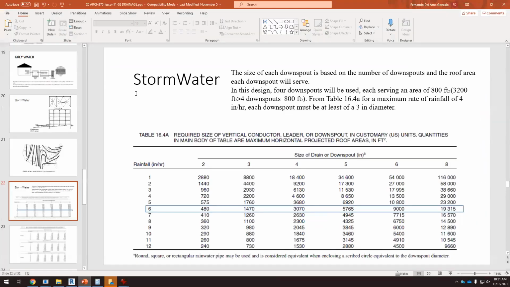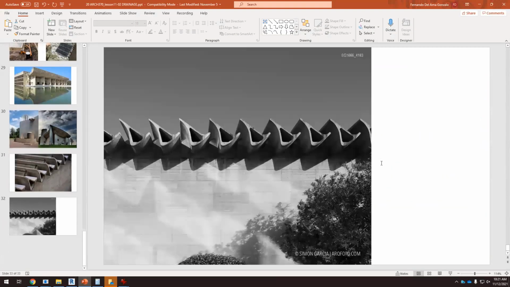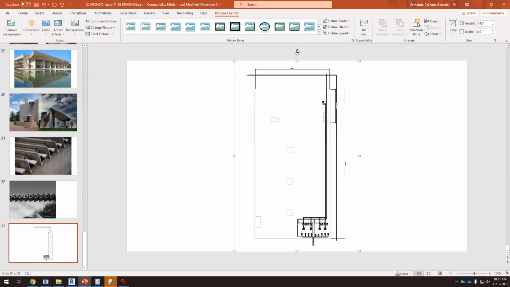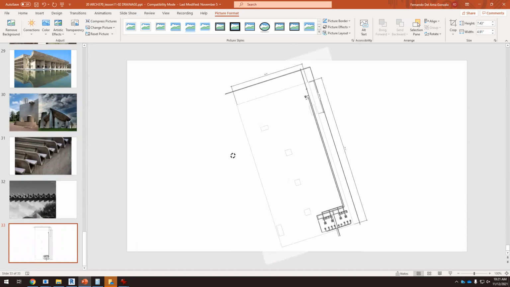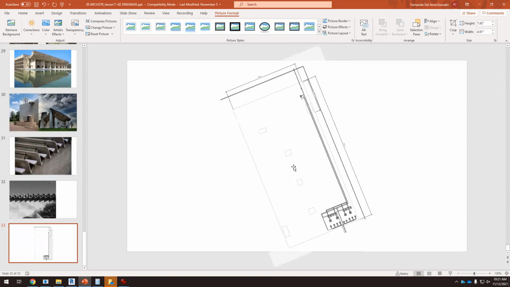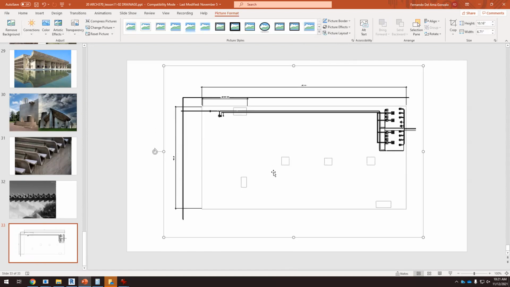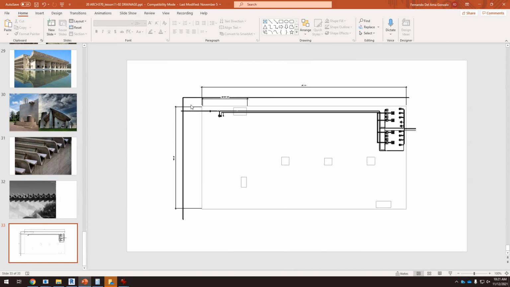So if we are working with this building, here we have the shafts. This is the first one. This is the second one. The length is 140 and the width is 70.